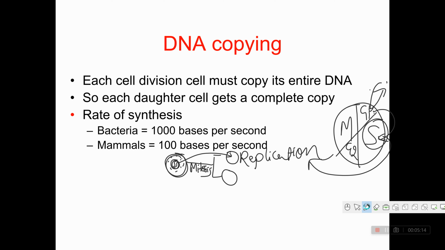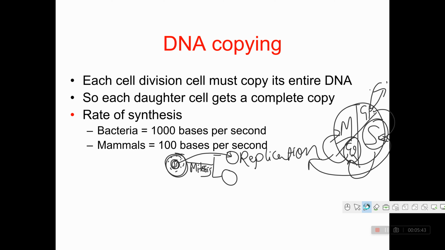After replication, all the proteins and enzymes required for mitosis or M phase will be prepared in G2 phase. And after G2 phase, mitosis or meiosis takes place. This is M phase. So cell division has 4 phases: G1 phase, S phase, G2 phase and M phase.